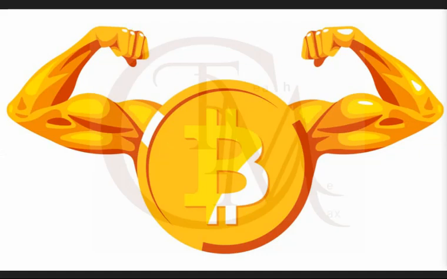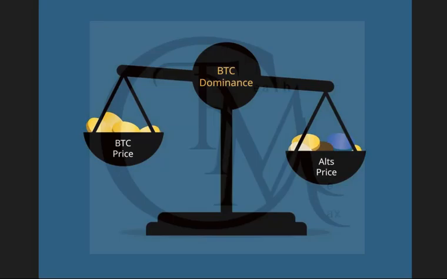This typically happens during periods of high market volatility or when investors are risk-averse. Decreasing Bitcoin dominance: a decline in Bitcoin dominance may signal growing interest in altcoins. This usually occurs during bull markets when investors seek higher returns from newer projects.